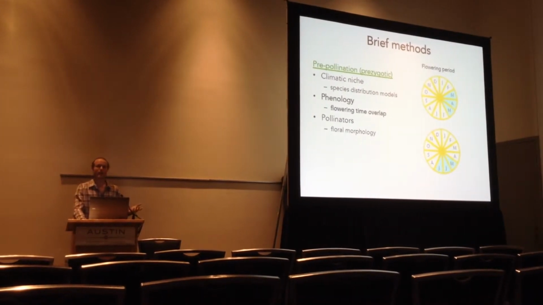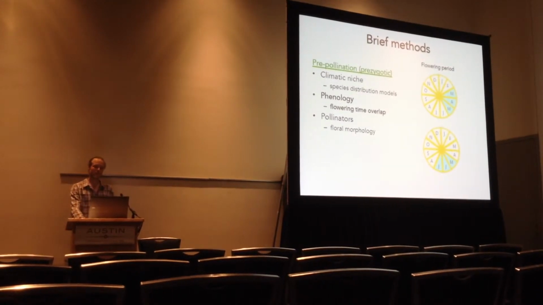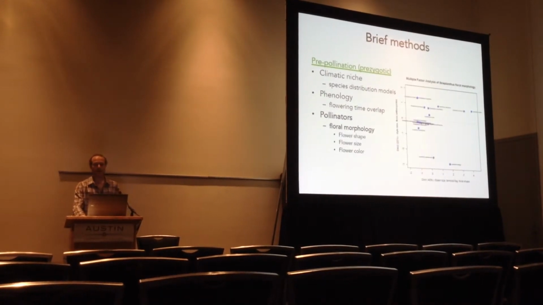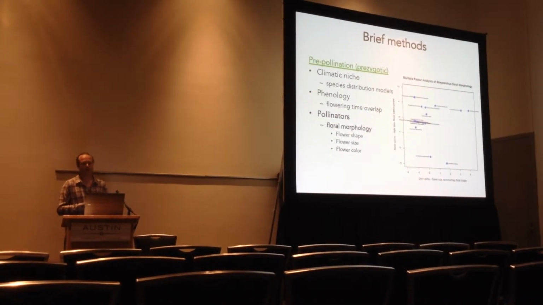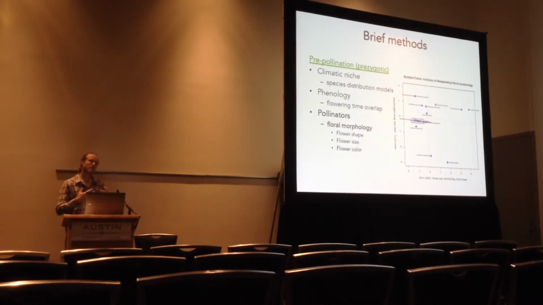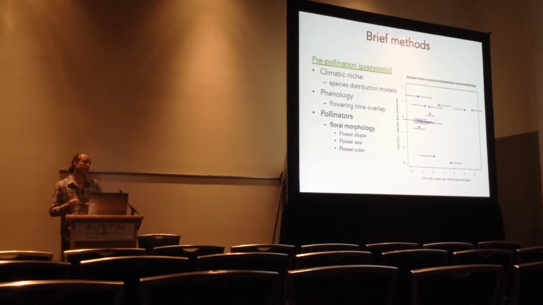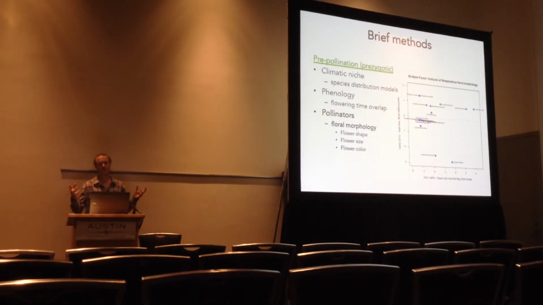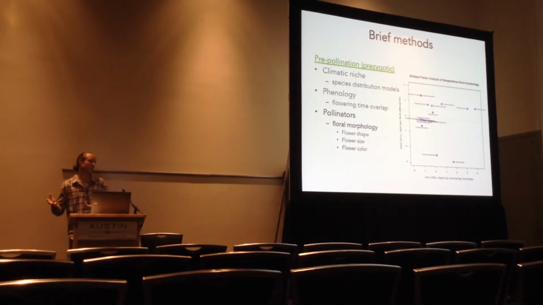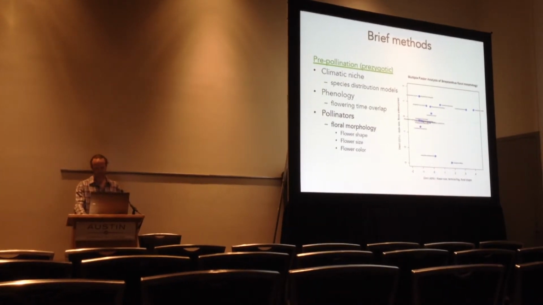I calculated flowering time overlap just by looking at publicly available flowering time data. And then I created a PCA of floral morphology, which I hoped would act as a proxy for pollinator differences. So how different are these flowers physically? Maybe that would tell us a little bit about the difference in pollinators.